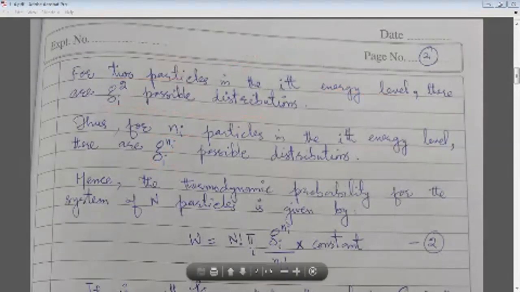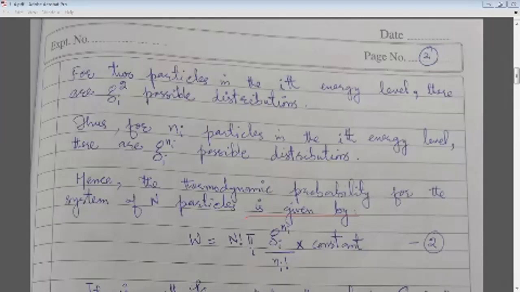So the thermodynamic probability for the system of N particles can be given by taking into consideration the degeneracy. We can write W, the thermodynamic probability, as equal to capital N factorial times the product over i.